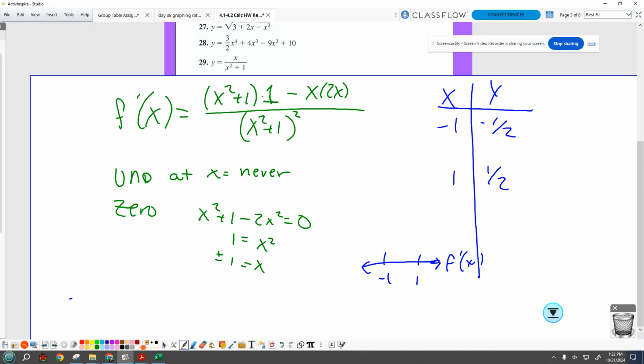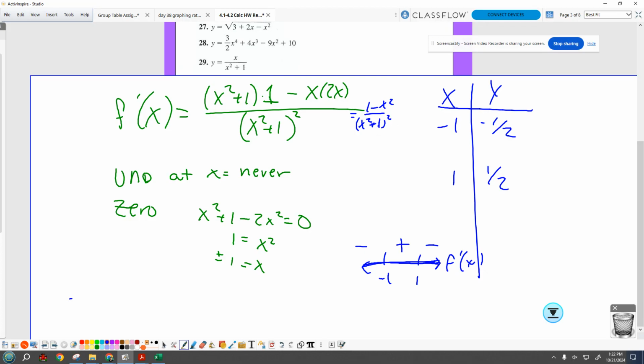So this guy, plugging in 0 into the derivative. I should have cleaned things up. Plugging 0 into the derivative, I get positive. Plugging in like negative 8 million or positive 8 million, I get negatives there.